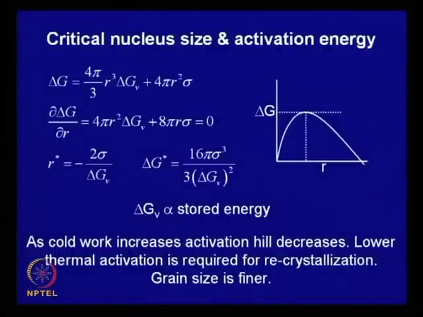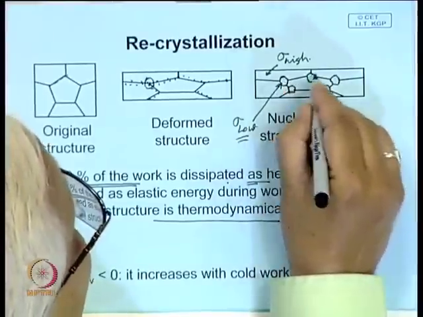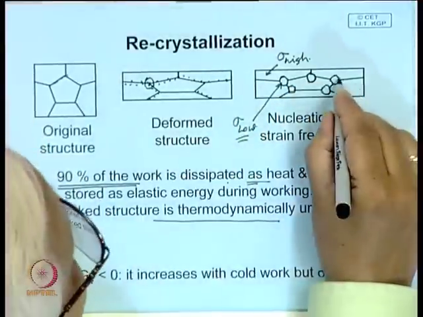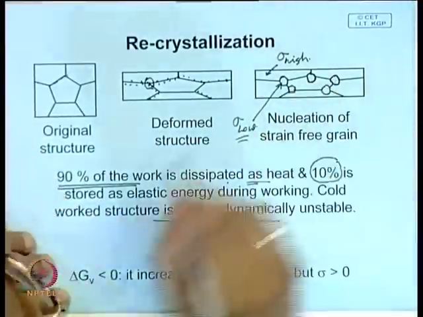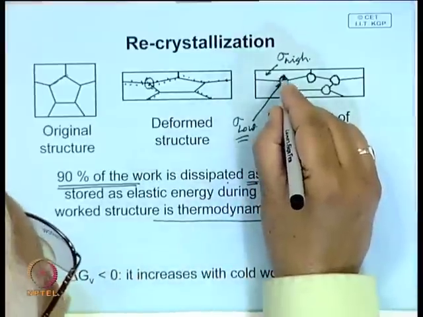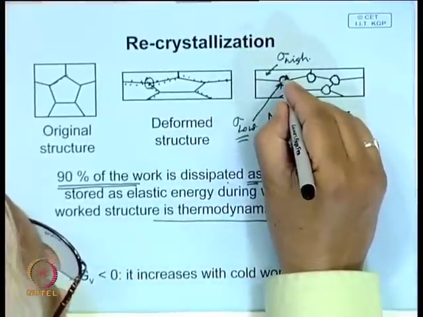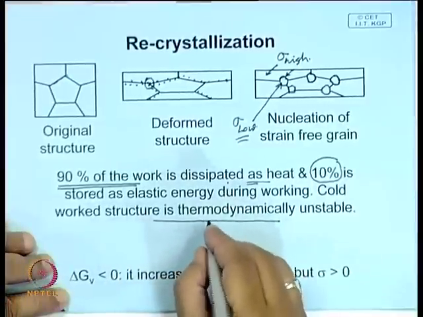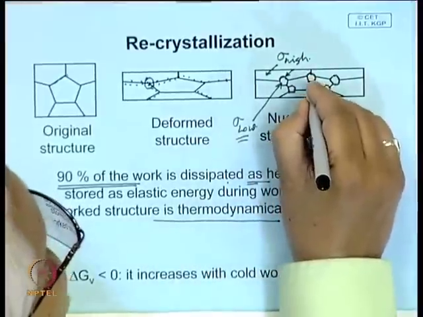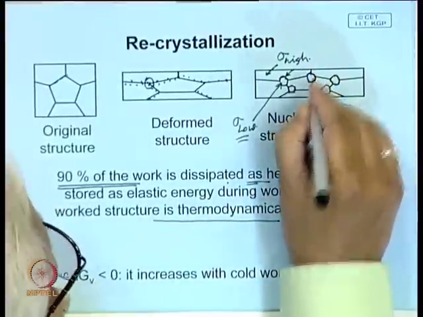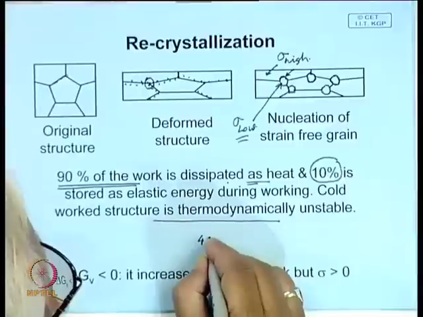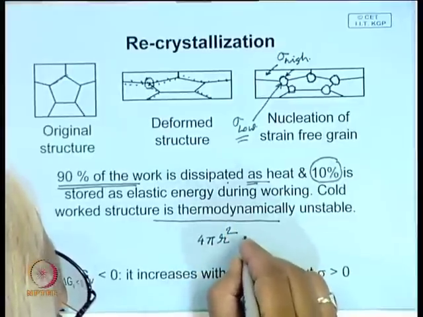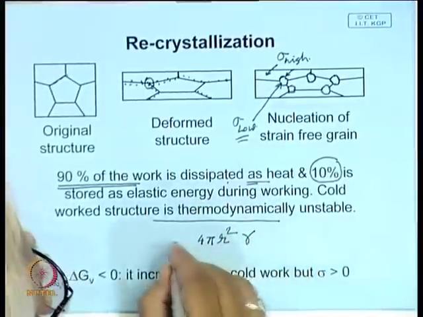it is possible that this cold work grain is replaced by the strain free grains. So, these are the strain free grains. New surface is being created, and this also has some energy. Suppose we assume these are spherical, its surface energy will be 4 pi r square times gamma.